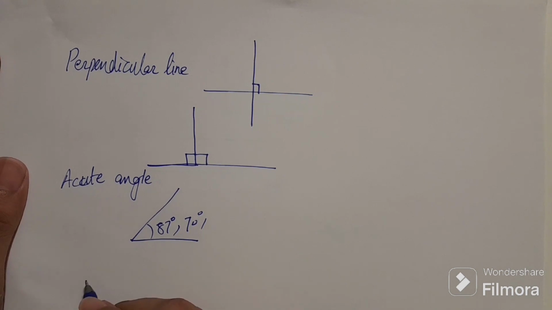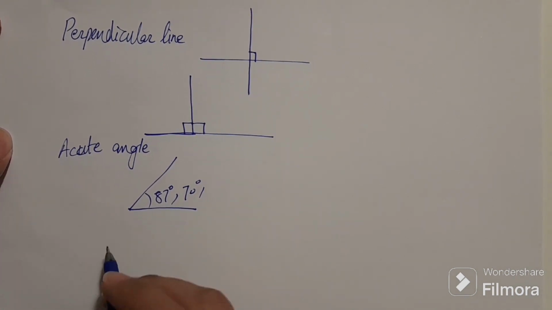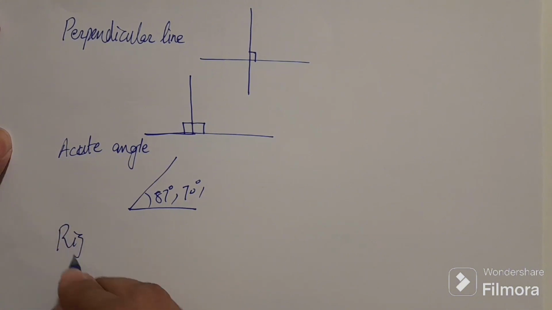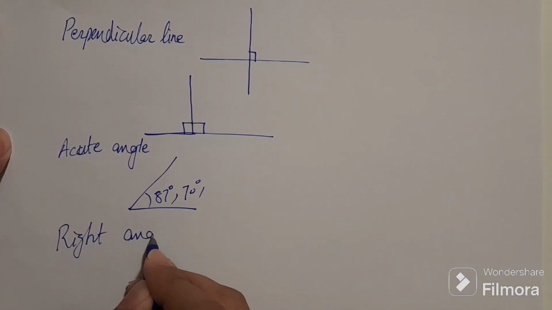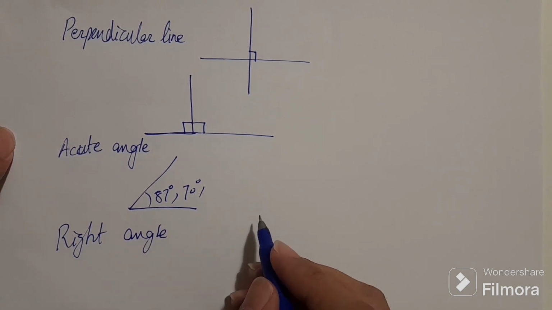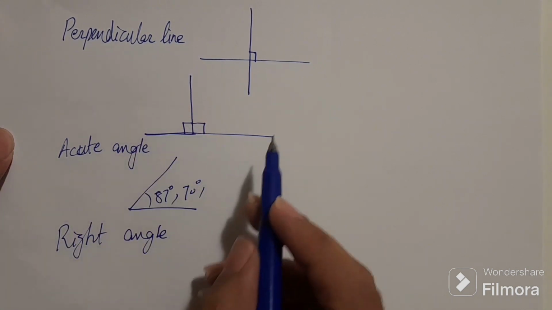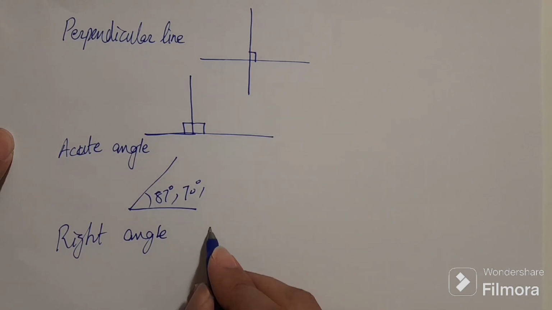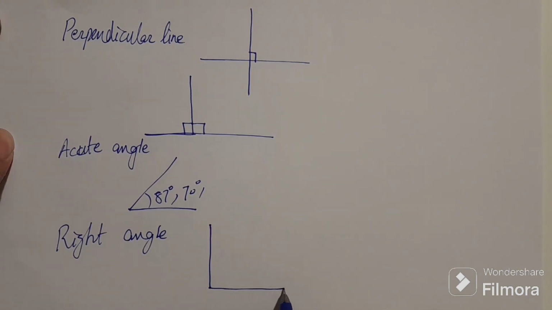Then the next term that can be used is right angle. A right angle is the same as perpendicular lines but only two lines are used. It will be like this: two perpendicular lines that meet at a point and the extended line is not drawn.